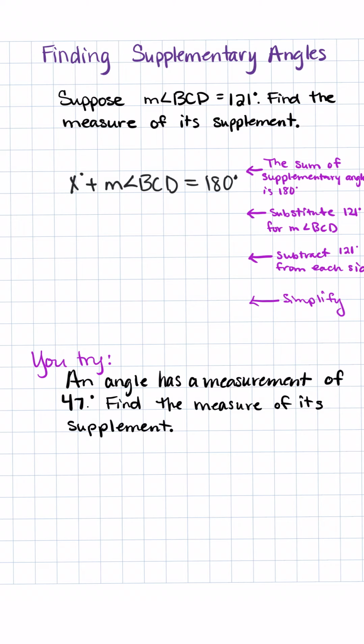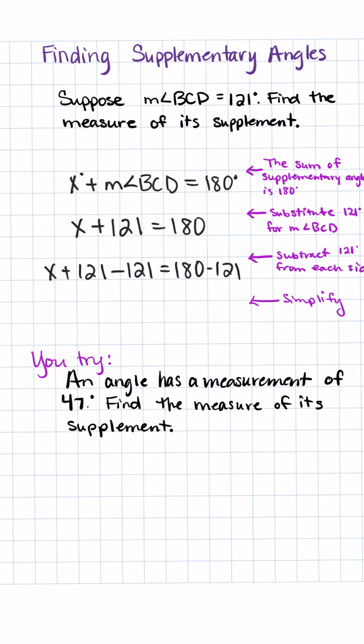So now we're going to substitute 121 for the angle BCD. So we have x plus 121 equals 180. We want to subtract 121 from each side. Whatever we do to one side, we have to do to the other. Simplify that. We have x equals 59 degrees. And that's our answer.